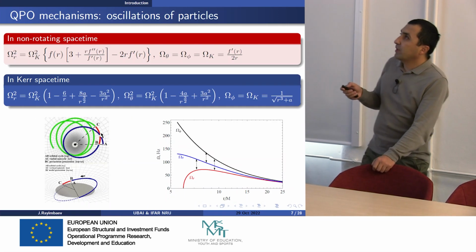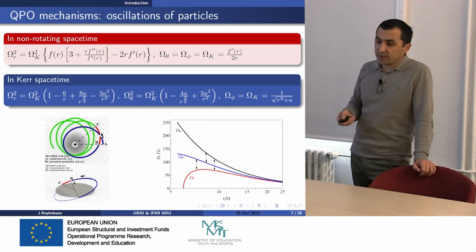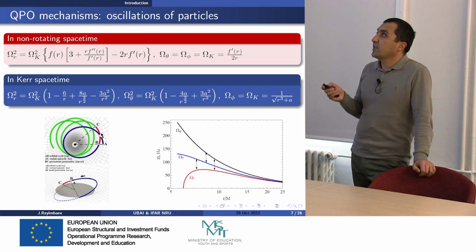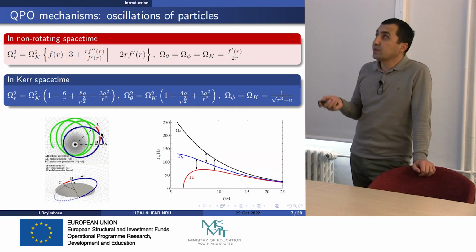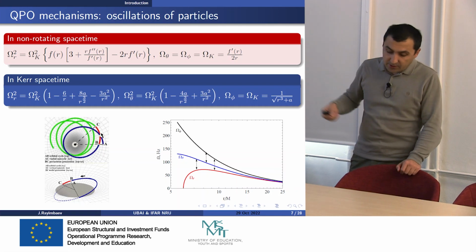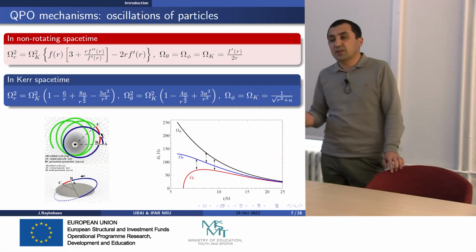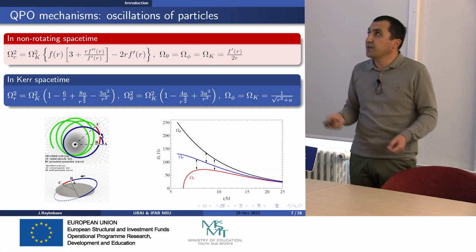The mechanism of the quasi-periodic oscillations is connected with the oscillations of test particles. Maybe they are charged particles. They are charged actually because the accretion disk is fully ionized, full of ionized particles.